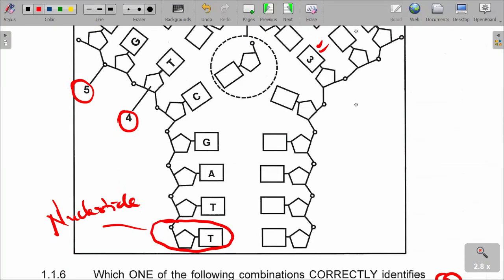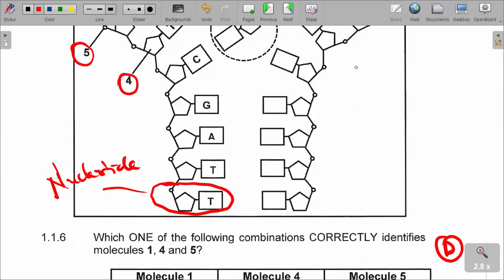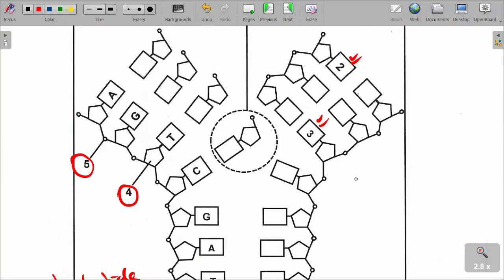Molecule 2 is paired with guanine. The complementary base for guanine is cytosine, so the complementary for 2 is cytosine.